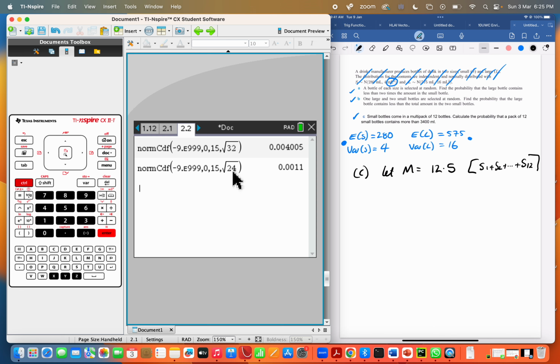Individual bottles, not one single bottle scaled up by a factor of 12. And we want E of M now, well, that's just 12 times E of S, and var of M, that's just all the variances added together, which is 12 times the variance of a small.